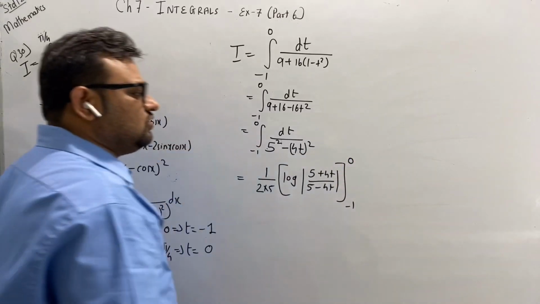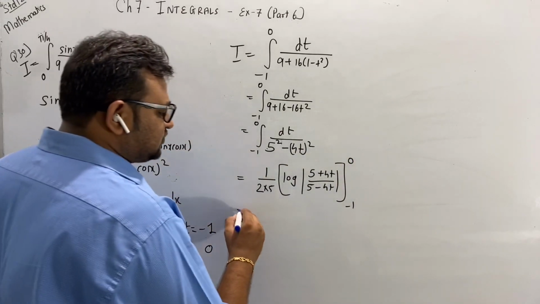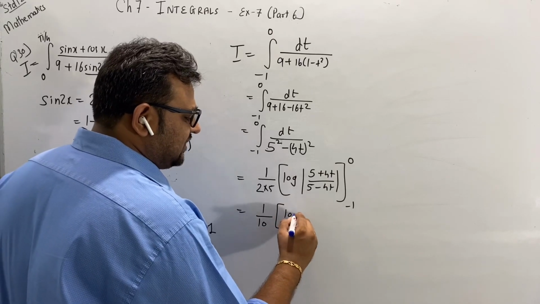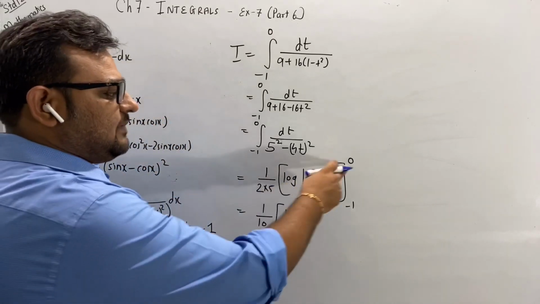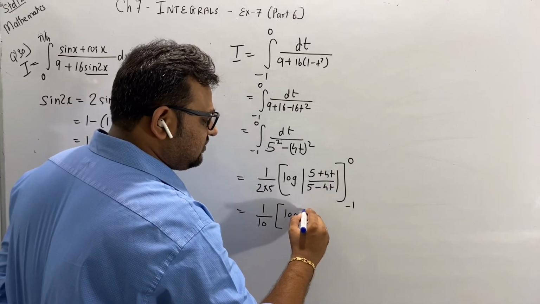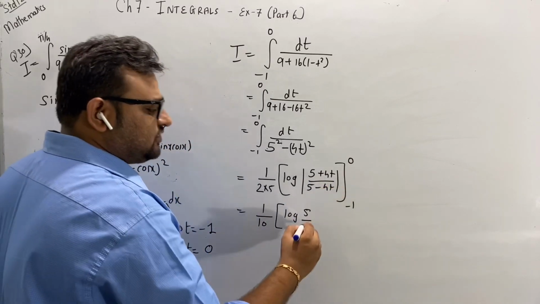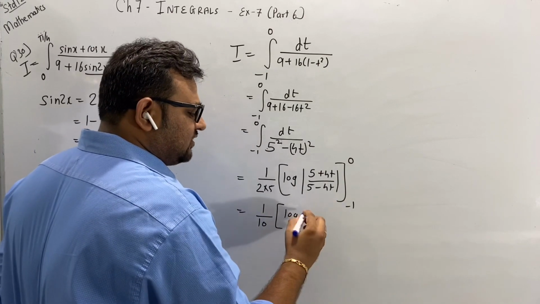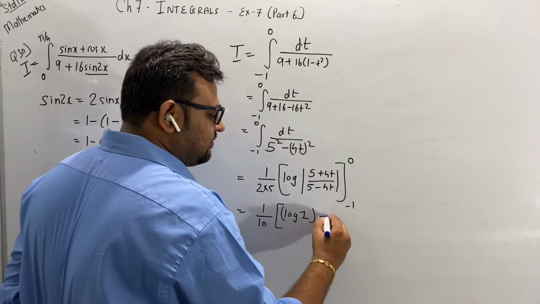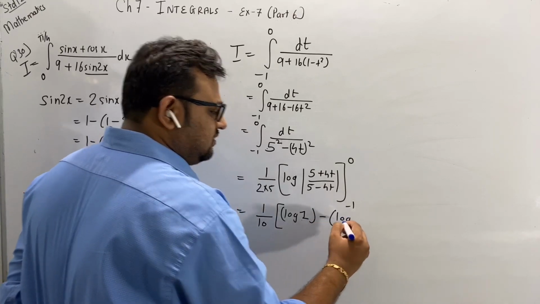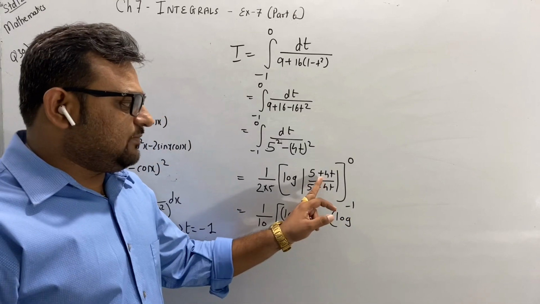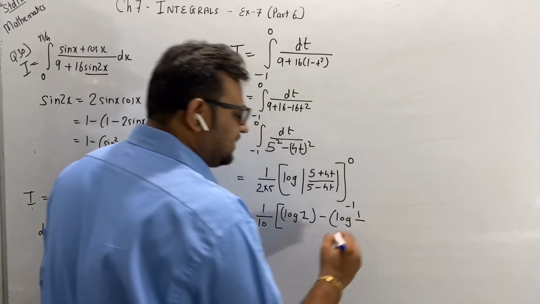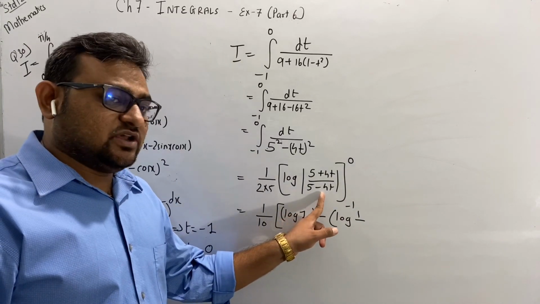Minus 1 to 0. So this will be equal to 1 by 10. Let's put down the values. Log of (5 plus 0) upon (5 minus 0), which is 5 upon 5. So this will be log 1, and you know that log 1 is 0. Minus log of (5 plus 4 into minus 1) upon (5 minus 4 into minus 1).